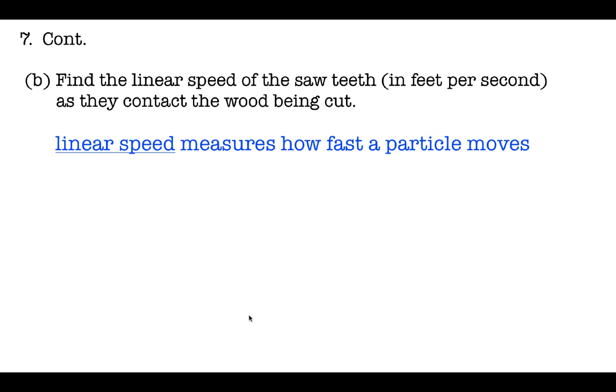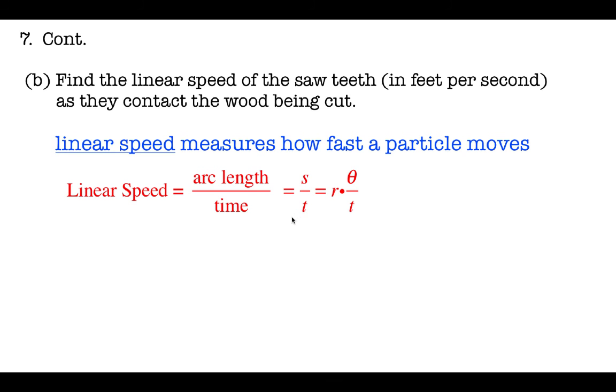It measures how fast a particle moves. This is the formula that you're using for linear speed. Arc length over time, which is S over T, or the radius, whatever the radius is, times theta over time.